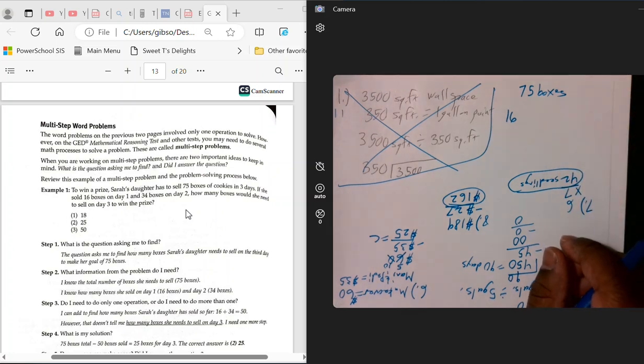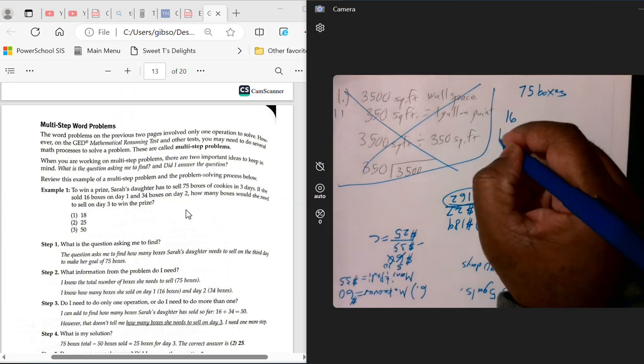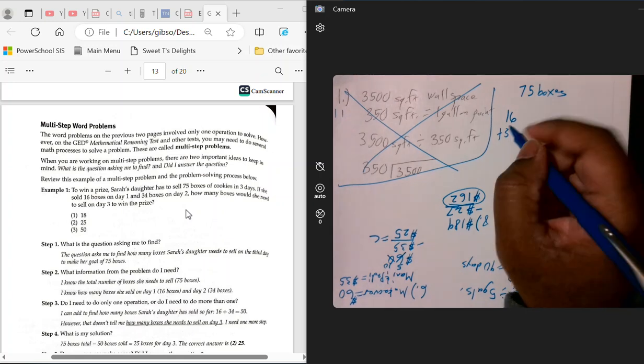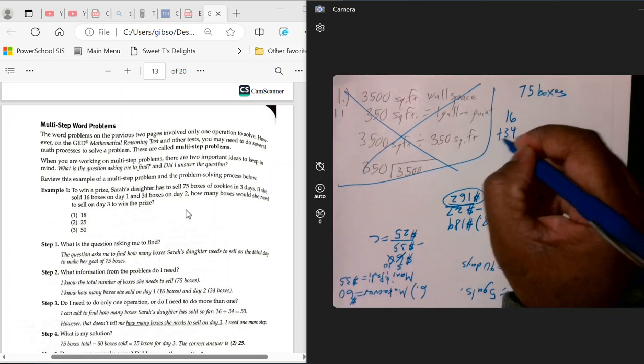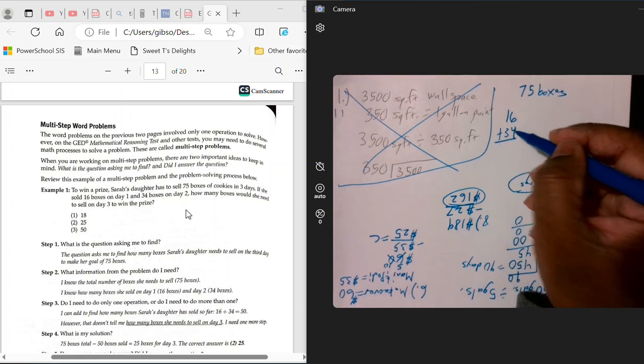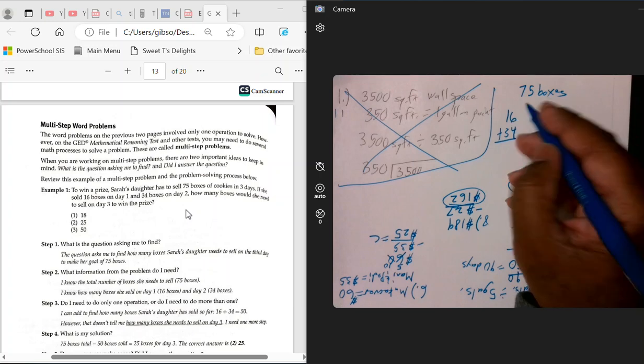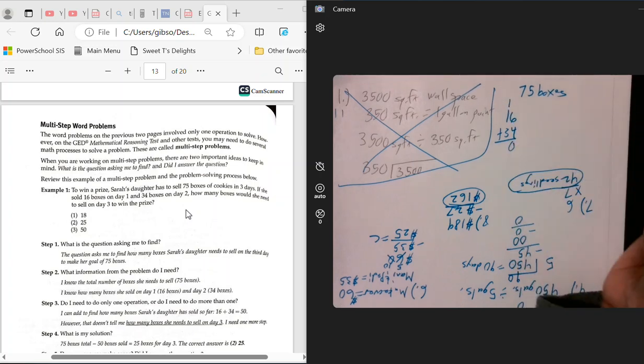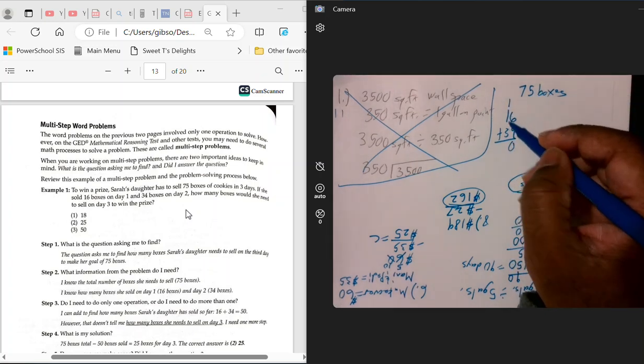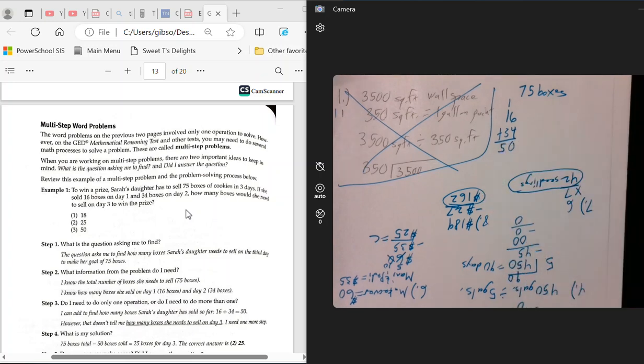Day two, she sells 34 boxes. Now we're trying to find what she had on day three. So we would add day one and day two together. 6 plus 4 is 10. Carry our 1. 1 plus 1 is 2, plus 3 is 5. So between day one and day two, she sold 50 boxes.